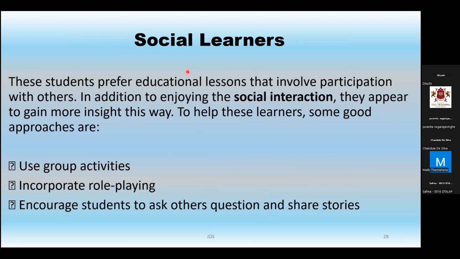Then you have the social learners, people who learn things by interacting with others. Opposite to that of solo learners. See, they are in need of social interaction.